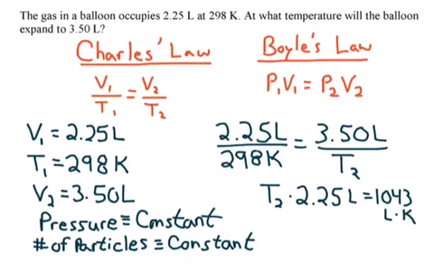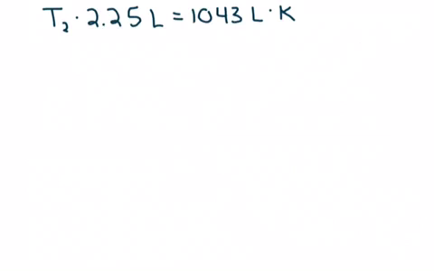Now, since I'm running out of space here, I'm going to go to the next slide where I have already rewritten this expression that we've solved for. So I go to the next slide, and here we have temperature 2 times 2.25 liters, which is equal to 1,043 liters times Kelvin. Hopefully at this point, it's just basic mathematics to be able to solve for temperature 2.